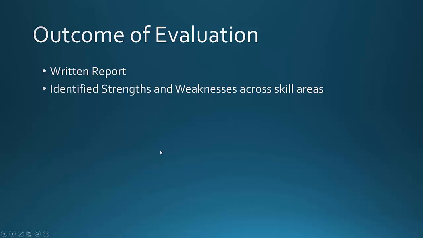The written report will identify strengths and weaknesses across skill areas. So the report should be able to tell participants, what does the student know? What do they struggle with? That will then help the teachers involved develop an intervention plan.